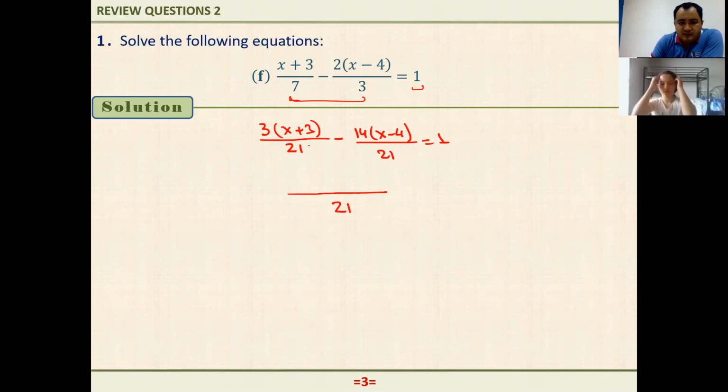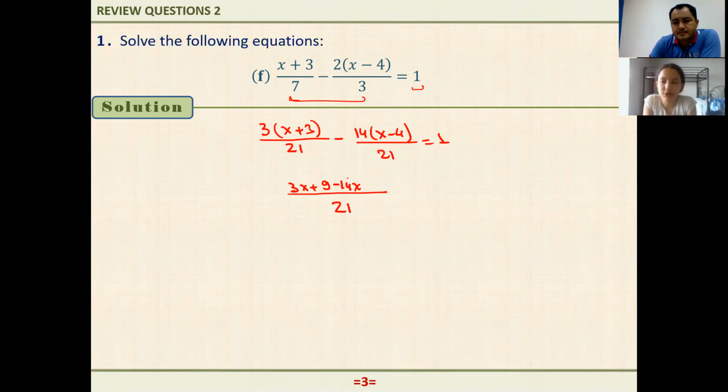Now expand these things. 3 times x, 3x. 3 times 3? 9. Whenever it is minus, you should be careful because minus means minus 14. Minus 14 times x? Negative 14x. Now here we have negative 14 times negative 4.